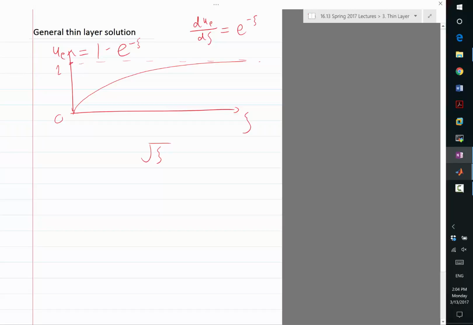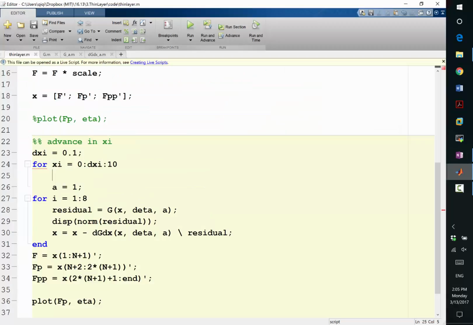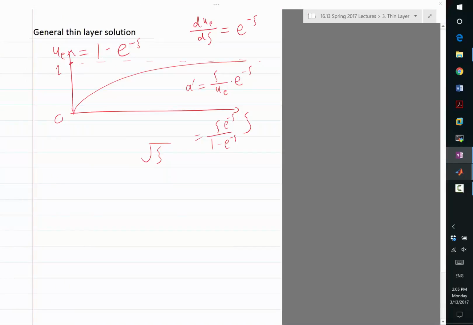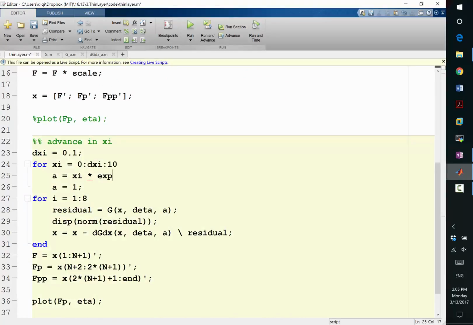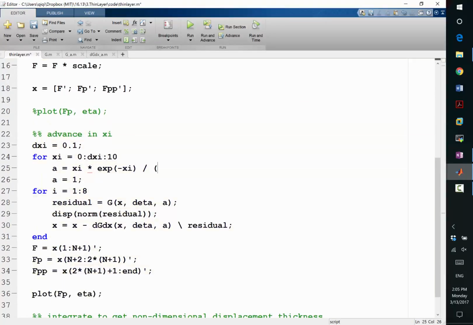Okay, so then my alpha prime is going to be C over UE times e to the minus C. So my A is going to be equal to C times e to the minus C divided by 1 minus e to the minus C.